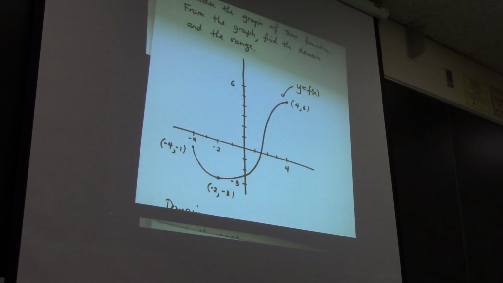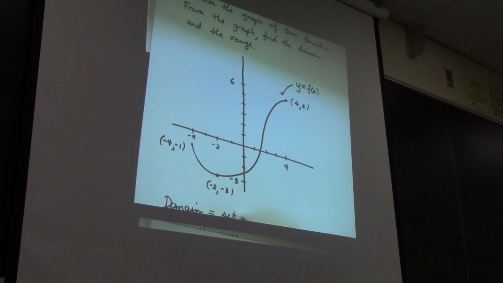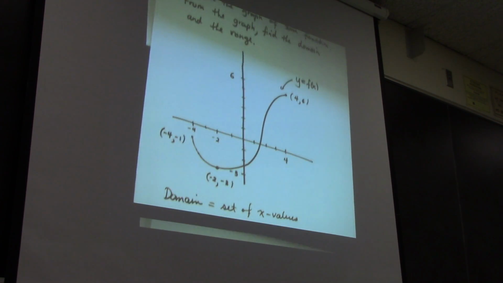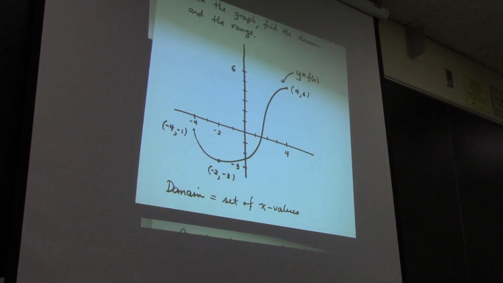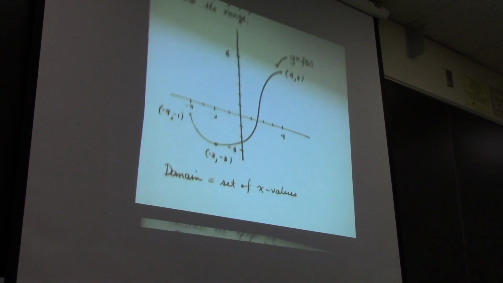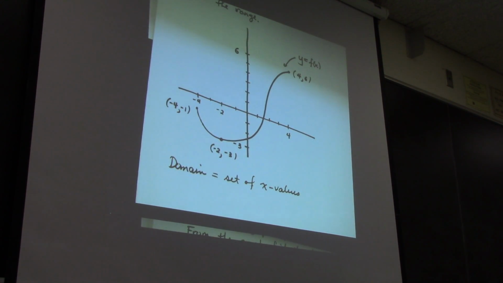Sometimes we just say capital X, but the domain is the set of x values which have y values corresponding to them. And the range of a function is the set of y values, the set of outputs.